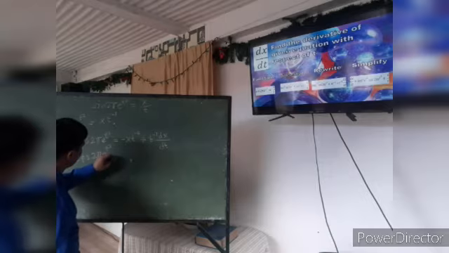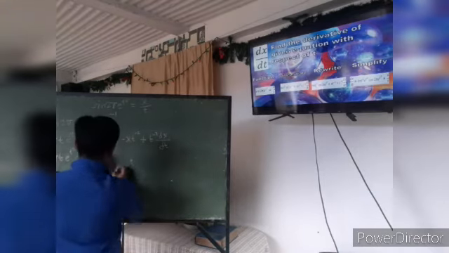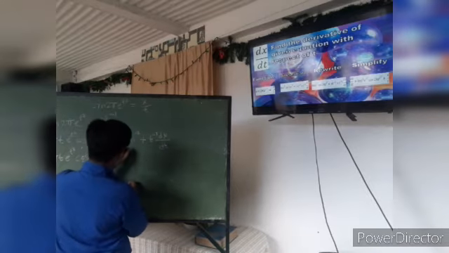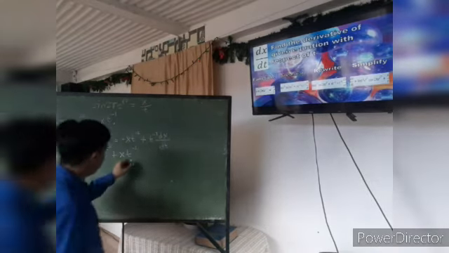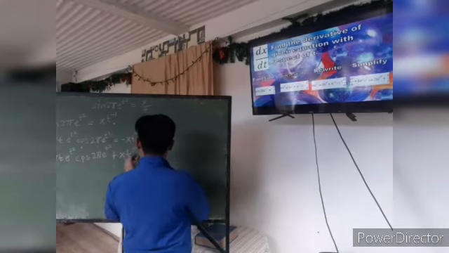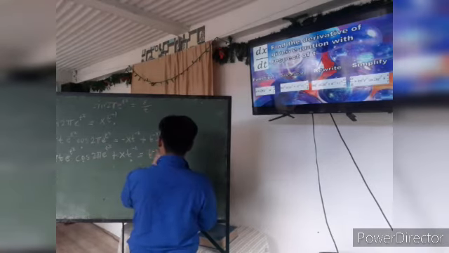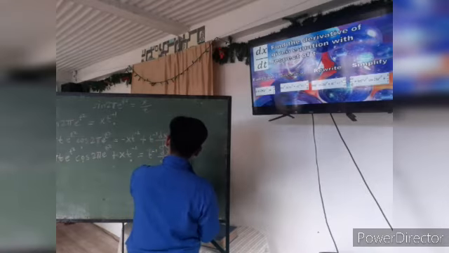Ngayon, ang maging ano niyan? 4 pi of t of e raised to t squared of cosine 2 pi e raised to t squared is equals plus t raised to negative 2 is equals to negative 1 t of negative 1 of d of x. Ngayon, i-times natin ng t both side.